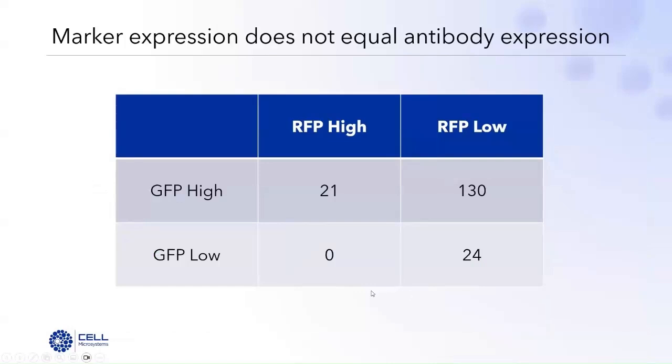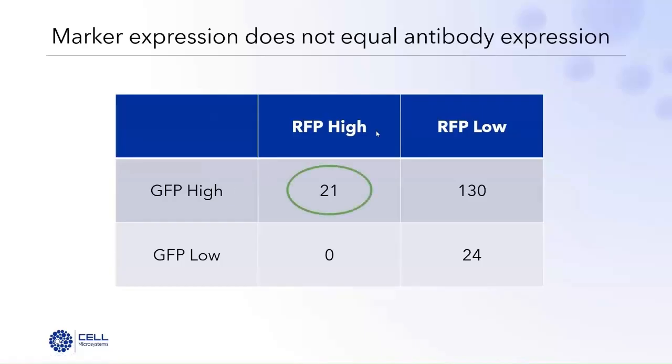We can use our software to actually count how many cells fall into each of these buckets. As you might expect, cells that express low GFP almost never have any high expression of antibody production. Those GFP low cells can have low antibody production. So you could draw a line very easily between the rows in this table and say I can distinguish between my low and my high, recognizing that my high cells will have more antibody.